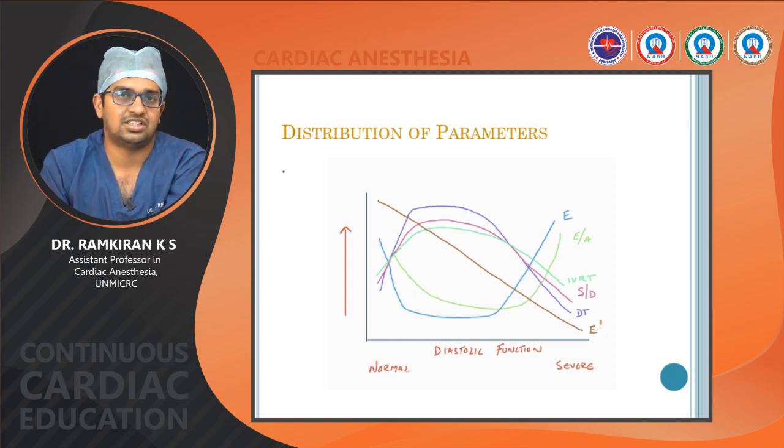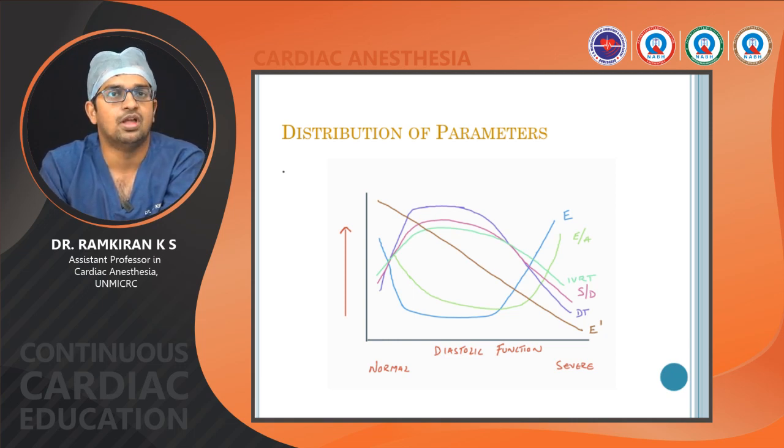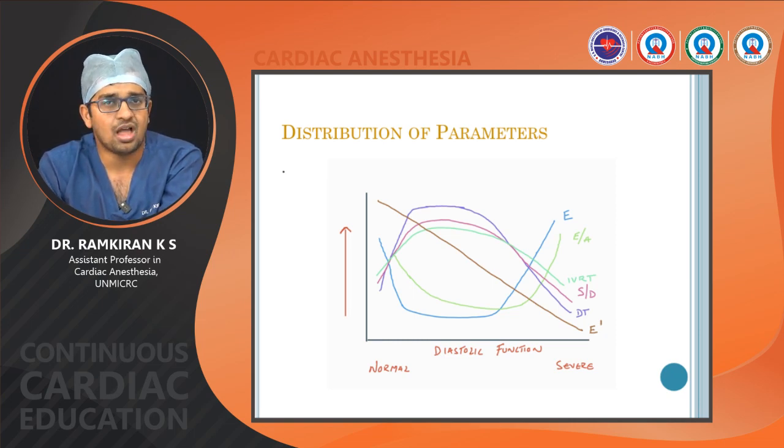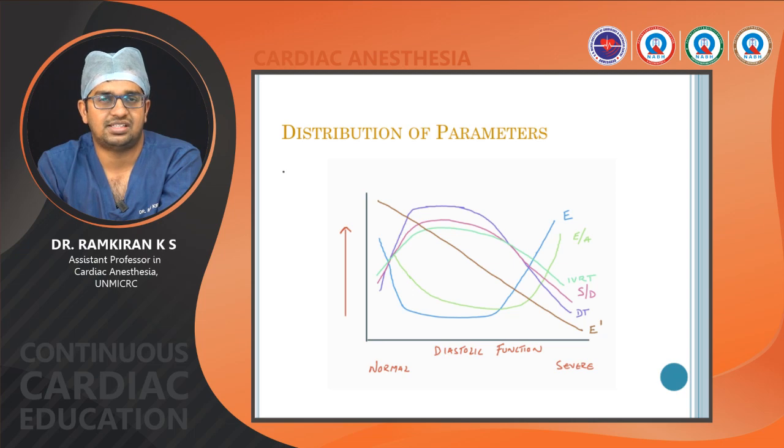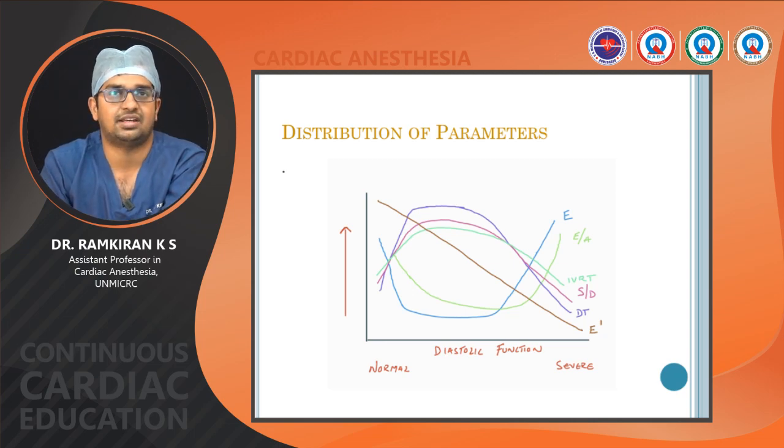The opposite pattern is seen in deceleration time, isovolumetric relaxation time, or S by D ratio. But here you can see that only the E prime parameter constantly decreases in patients from the normal phase to severe diastolic dysfunction. A similar thing happens with the propagation velocity also, which we'll be discussing now.